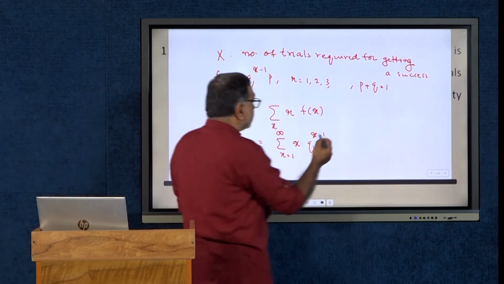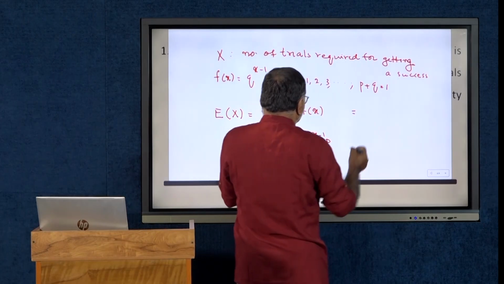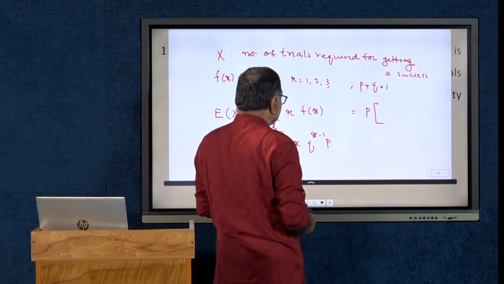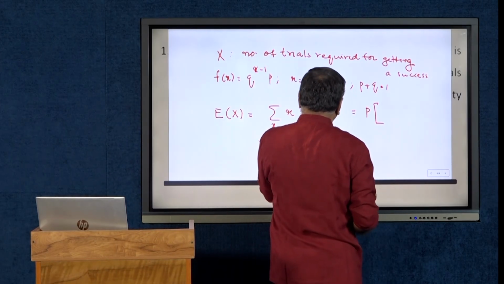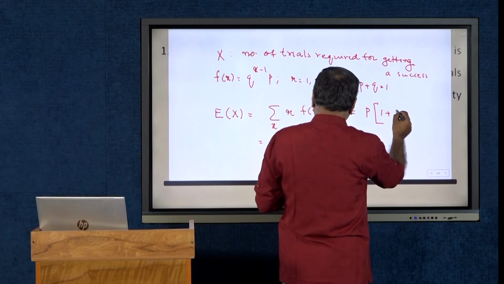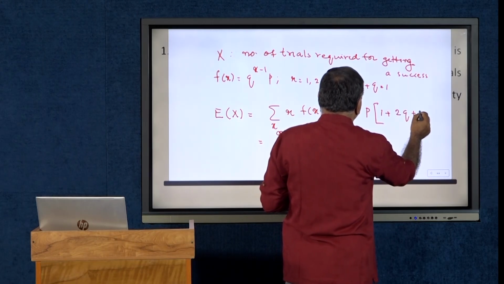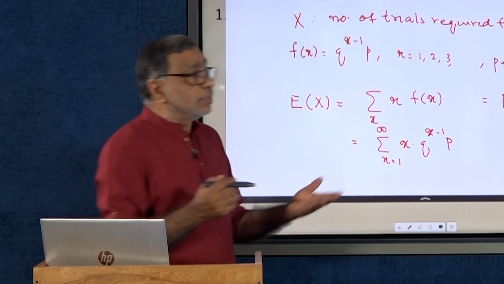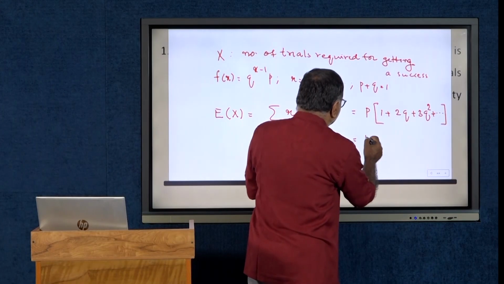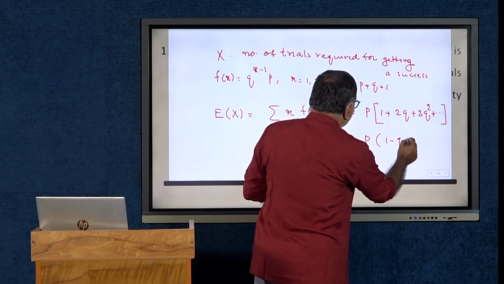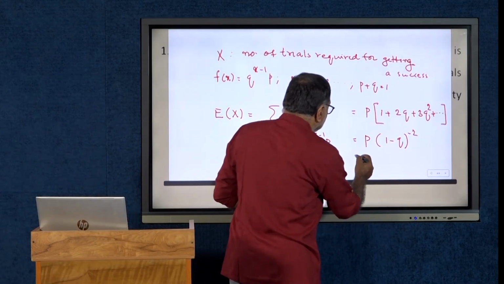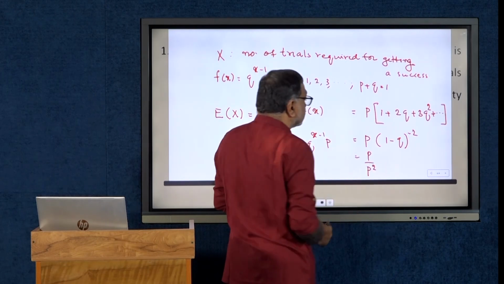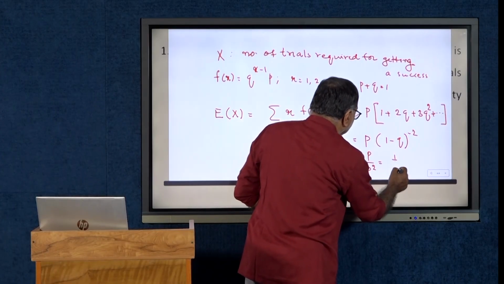When x is equal to 1, p is taken outside of this expression: 1 into q power 0, so 1, plus 2q plus 3q square plus etc. And that is a known infinite series for us. So p into this is 1 minus q all power minus 2, that is p divided by 1 minus q square. 1 minus q square means actually it is p square, so that is 1 by p.